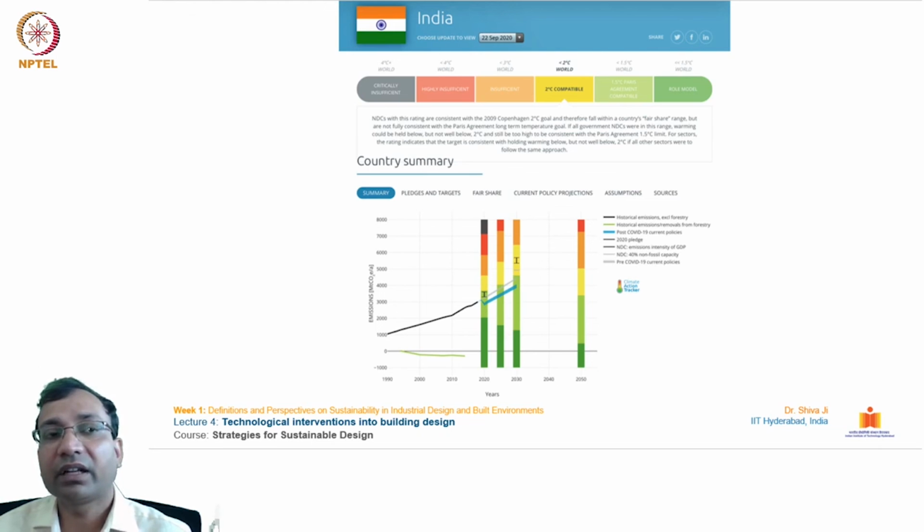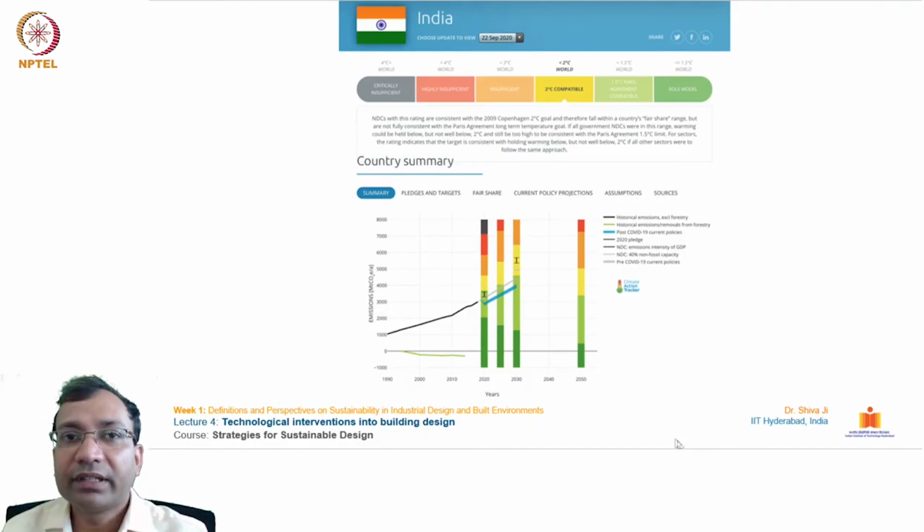Further, if you see over here how India has performed over the years. So I have taken here the country-wise summary of our own country. So how the emissions have been targeted for bringing them down over the years. So in this table you can see the years are divided here at the x-axis, and on the y-axis we have the emissions in metric ton of CO2.